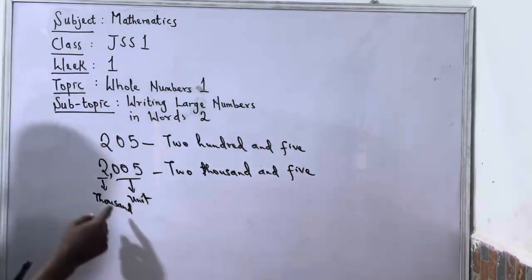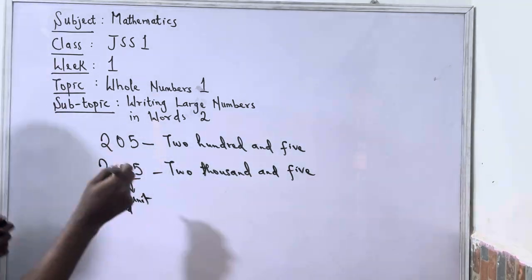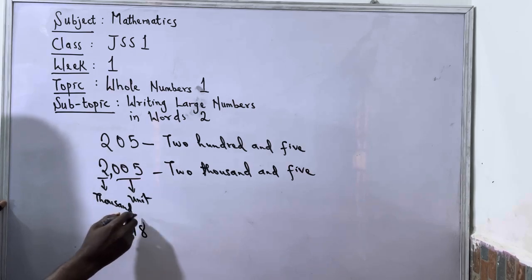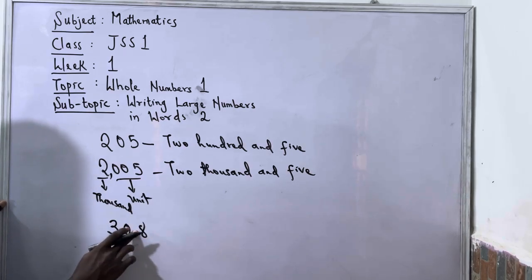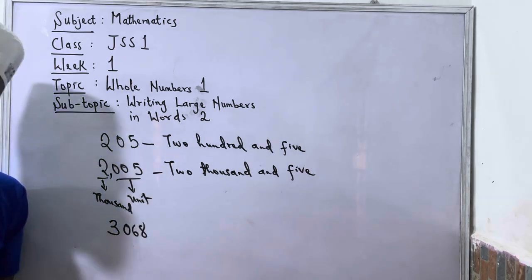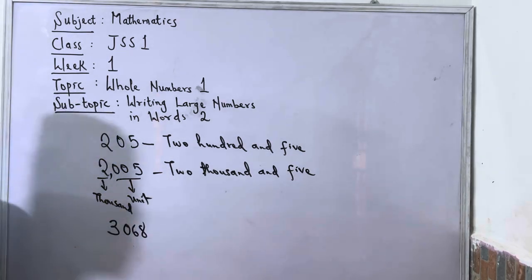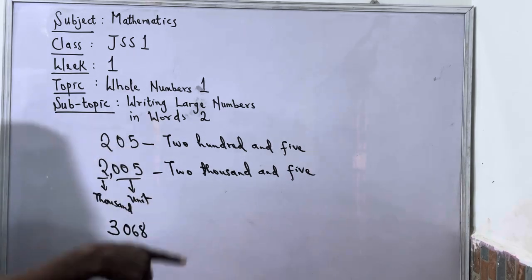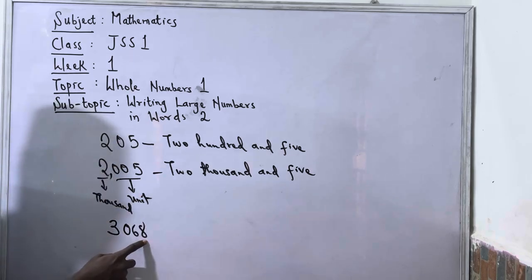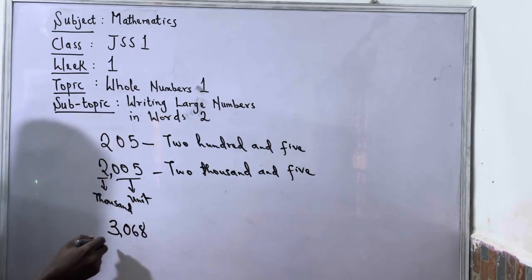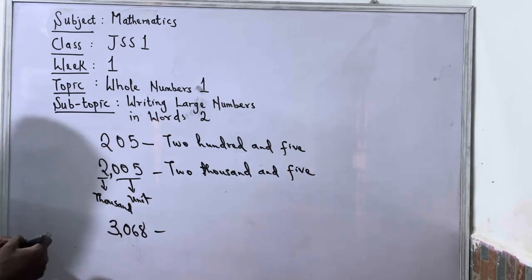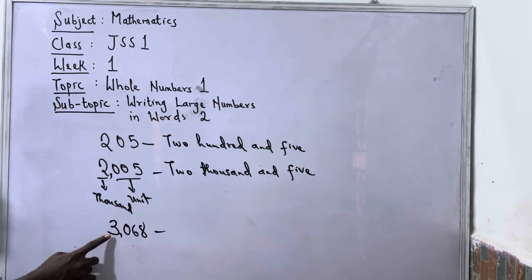However, let's see another one of 5 digits. What we have here is 3068. The rule still applies. I have to start counting 3 digits from the back. 1, 2, 3, comma. So then, this is the unit family and this is the thousand family.